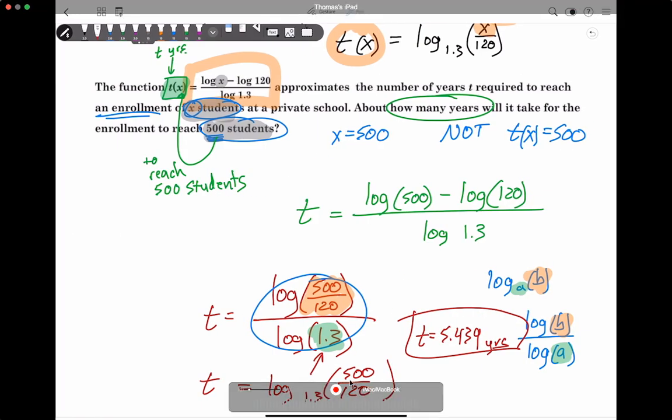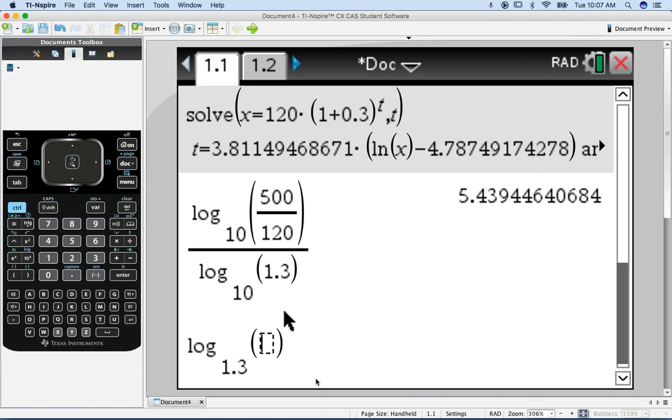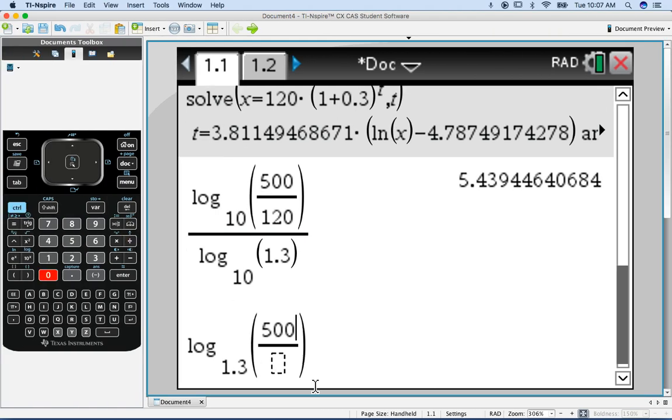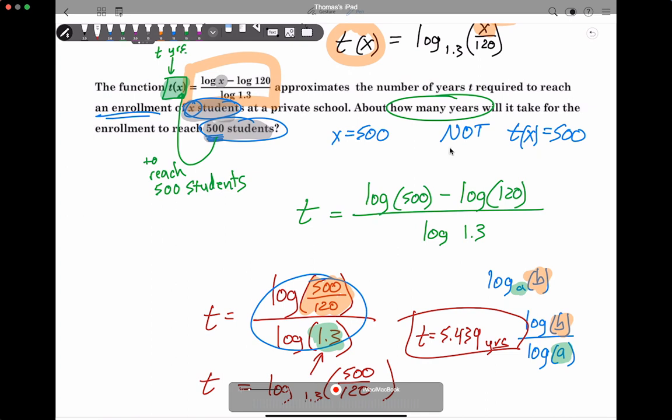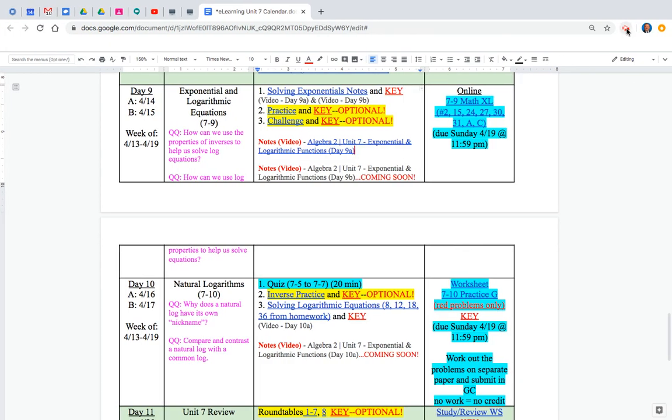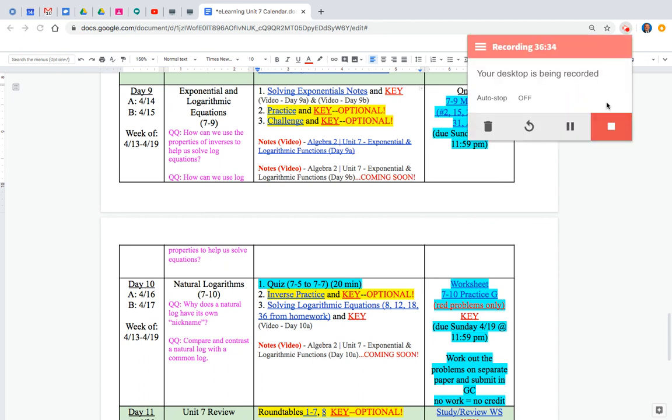Let's see if this rewrite is equivalent to the original. Again, this was the change of base formula, and sure enough, you see that it is exactly the same. Those are practice with solving exponential and logarithmic functions, primarily without a calculator, and if not, finish it up, leaving the solve feature as your very last resort.